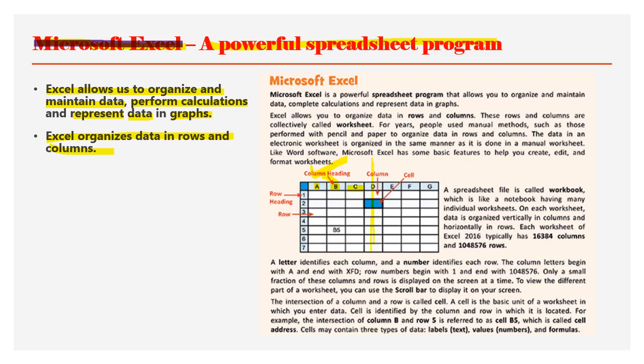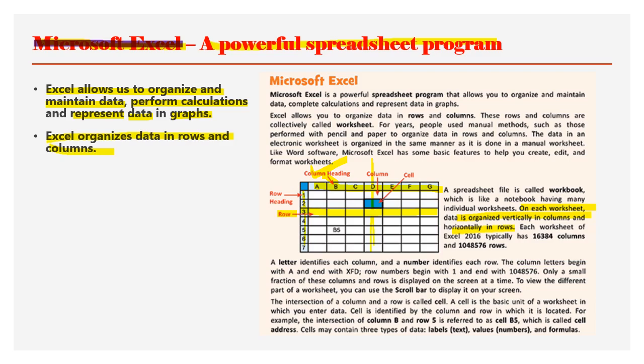Columns are vertical, and horizontal lines are called rows. Rows are denoted by the numbers 1, 2, 3, and columns by the letters A, B, C. Whenever you open an Excel file, you will get one worksheet, and on each worksheet, data is organized vertically in columns and horizontally in rows.